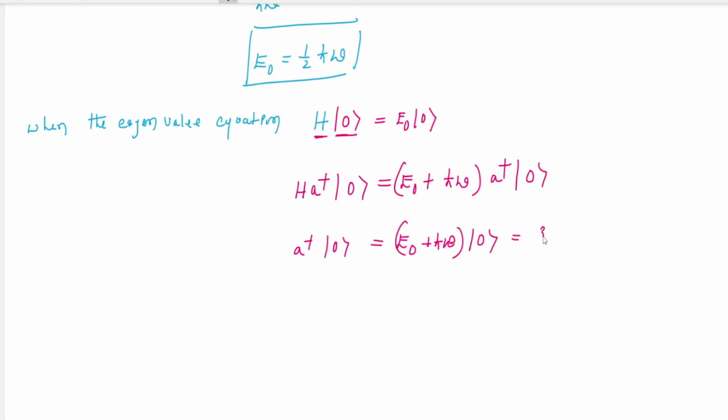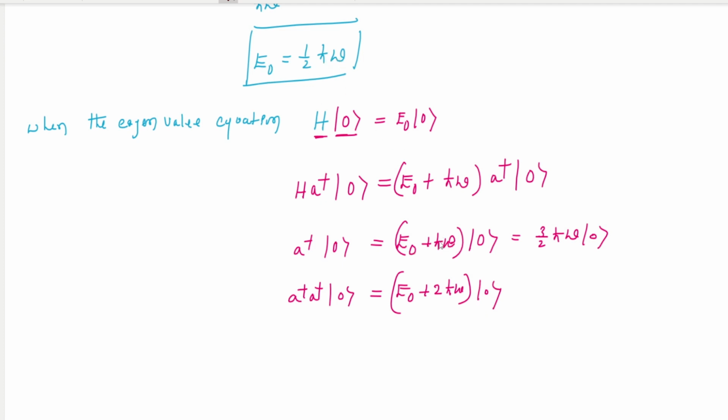Then we can get 3 divided by 2 H cross omega. Then we can apply A dagger one more time, so if we increase these dagger values, plus 2 H cross omega into 0. We already know E naught equals 1 divided by 2 H cross omega.